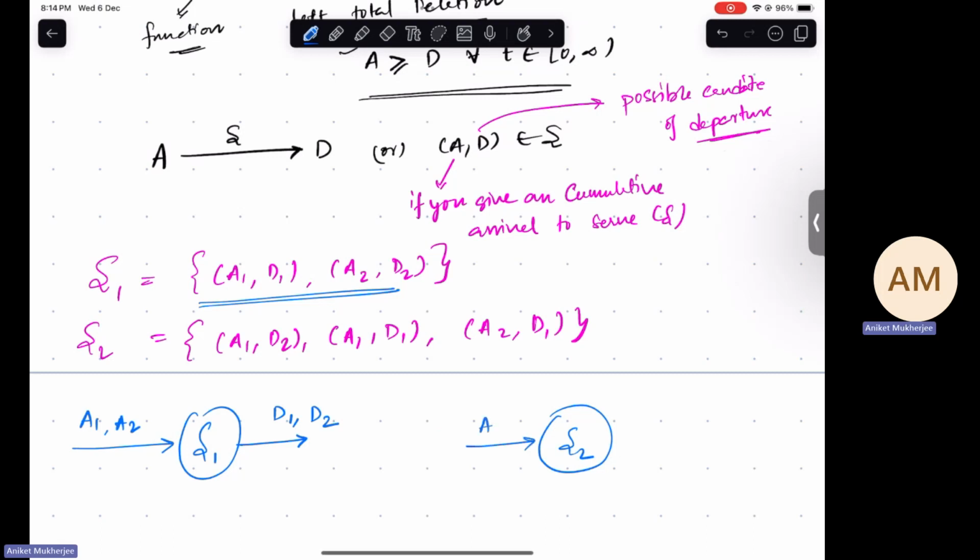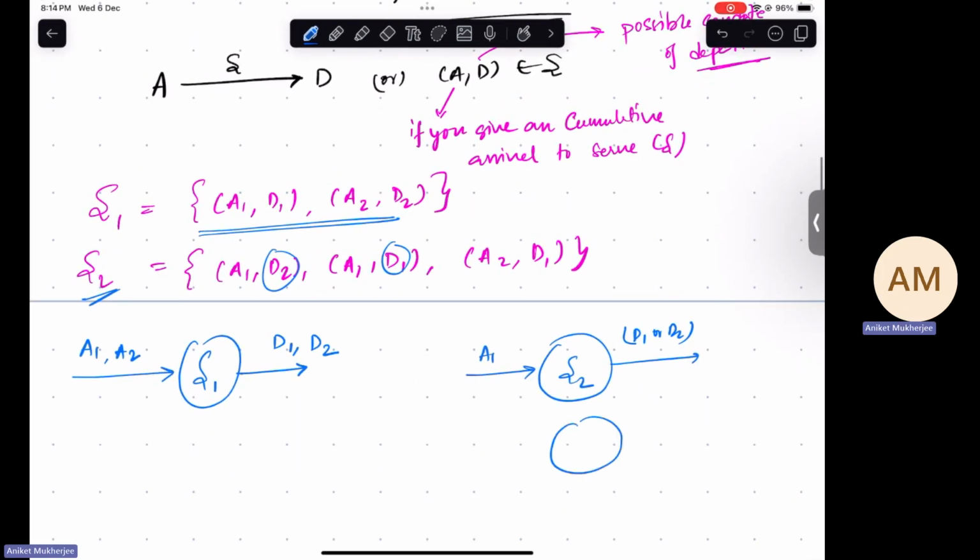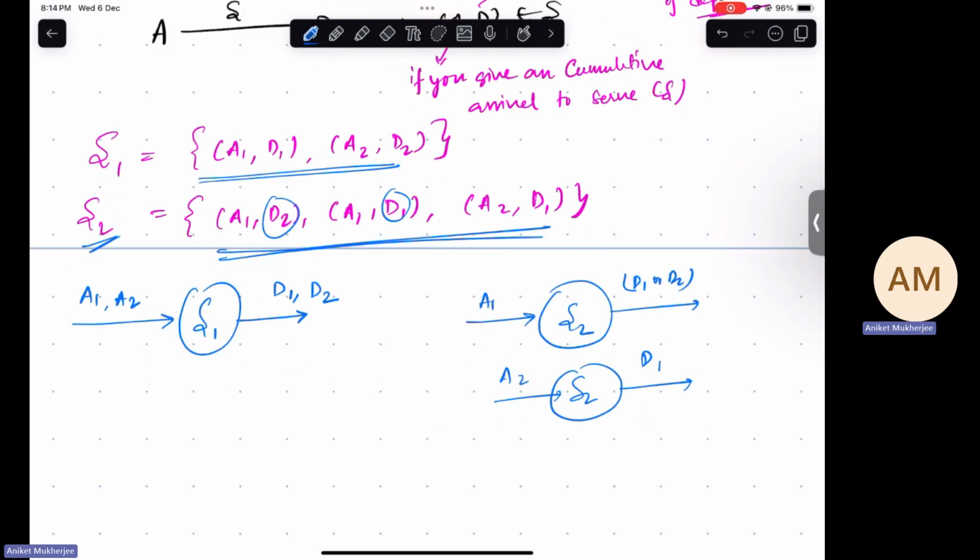For S2, if you give A1, you can get D1 or D2 because both of these are possible for server 2. But if you give A2 to server 2, then you'll only get D1. You'll not get D2 because that combination is not in the second server. So this is how you define a server: all the possible pairs of arrival and departure cumulative functions.